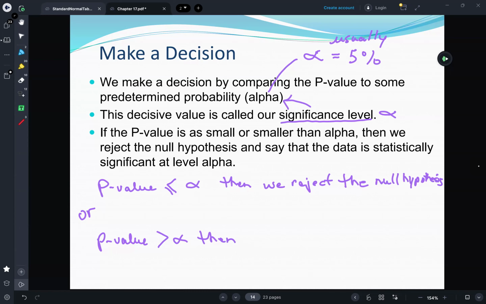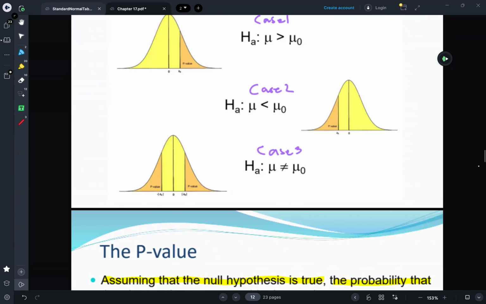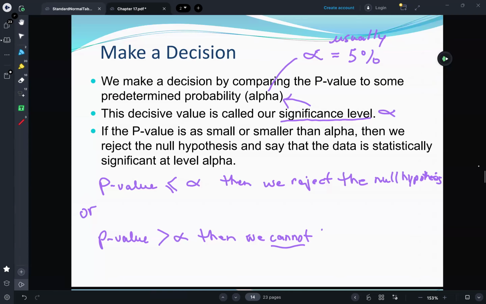Then we cannot reject the null hypothesis. And then if we cannot reject the null hypothesis, then the test is not statistically significant at the alpha level, okay?